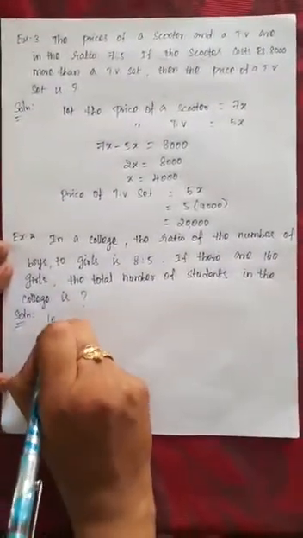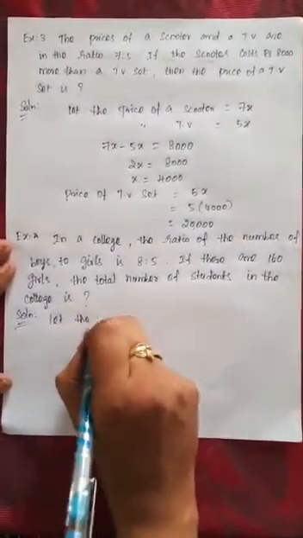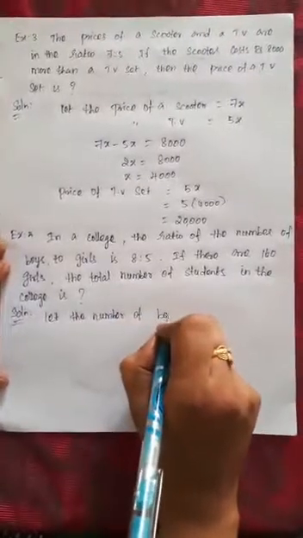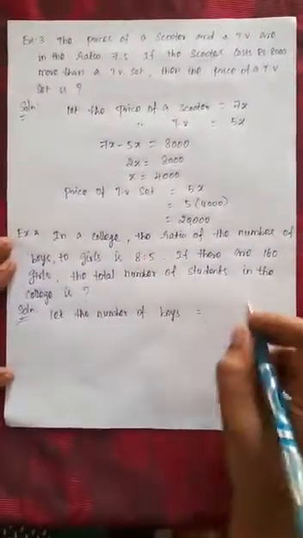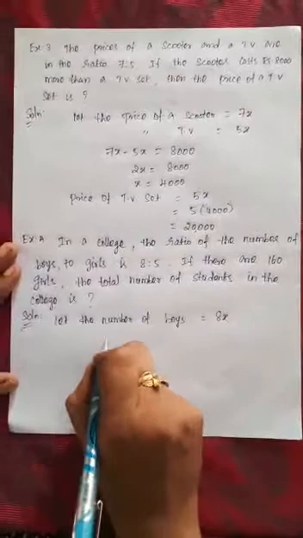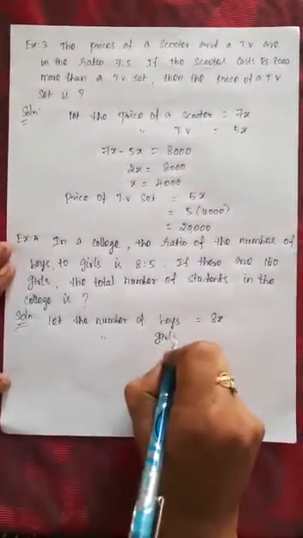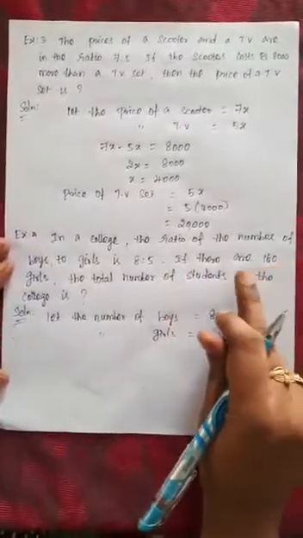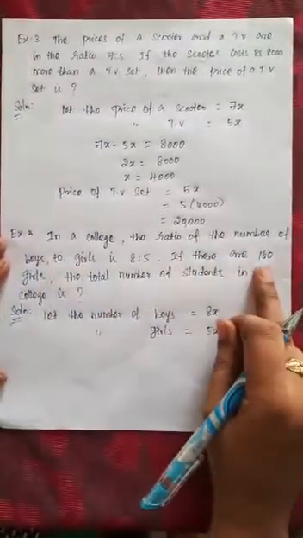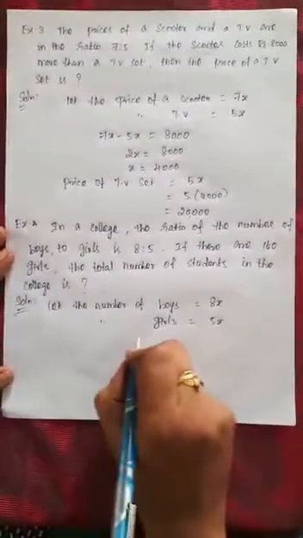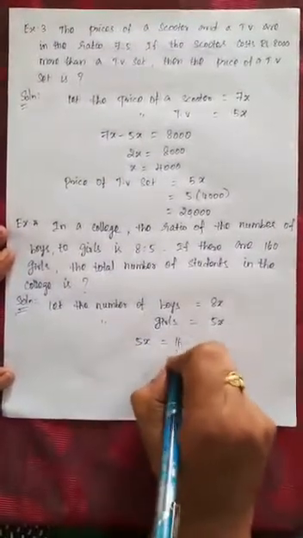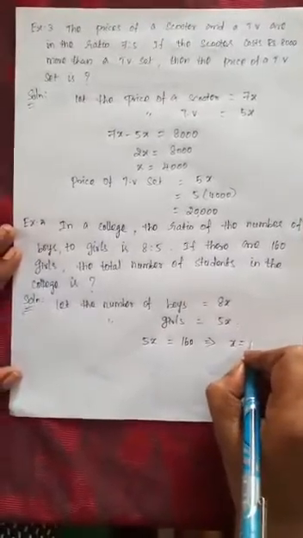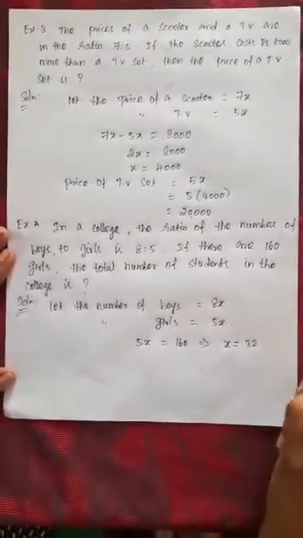So let us assume that the number of boys is 8x and the number of girls is equal to 5x, and it is also given that the total number of girls is 160, so 5x is equal to 160. That is, x is equal to 160 by 5, which is 32.